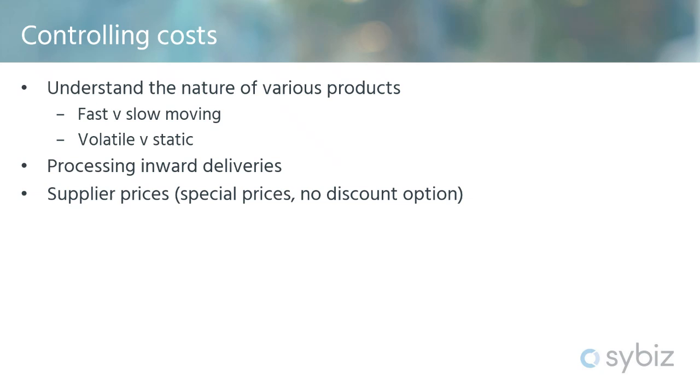And also, volatile and static items. There's certain items that go up and down all the time. There's ones that tend to go up and up, and others that tend to be the same sort of price or the same cost to buy into the organization. By understanding the nature of items, it gives you the ability to determine the best way to handle those items within the organization.